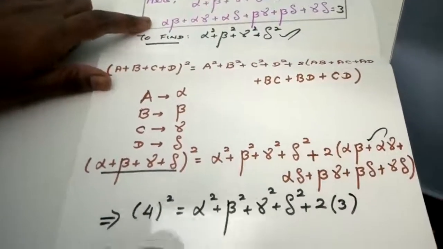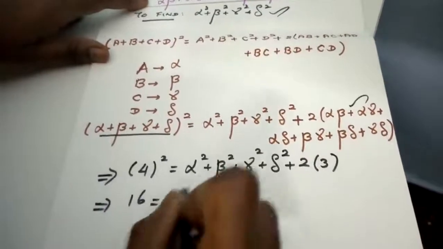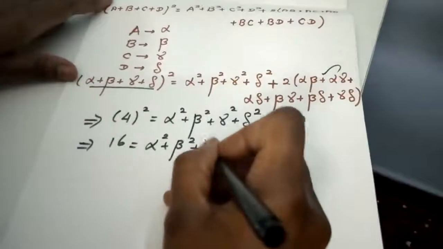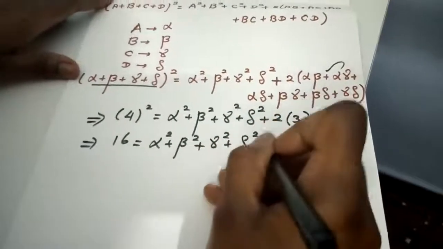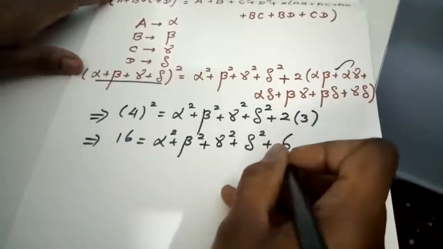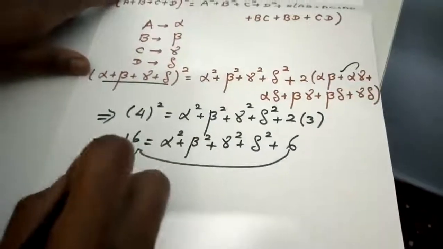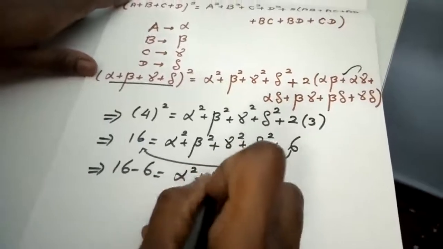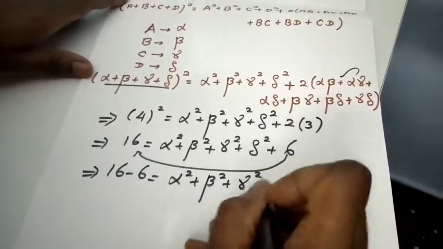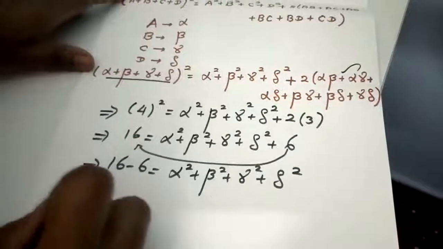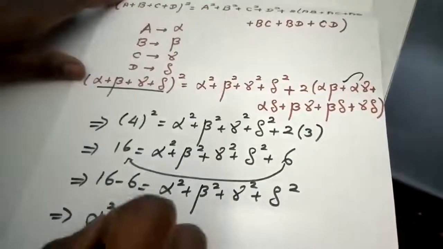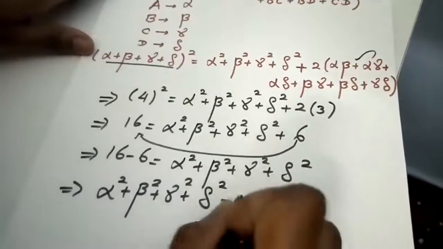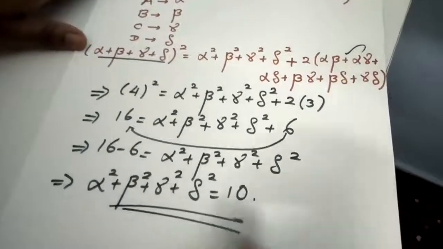Just calculate, students. That is 16 equal to alpha square plus beta square plus gamma square plus delta square plus 6. Bring this 6 here. 16 minus 6 is equal to alpha square plus beta square plus gamma square plus delta square, which is nothing but 10, which is the required answer.